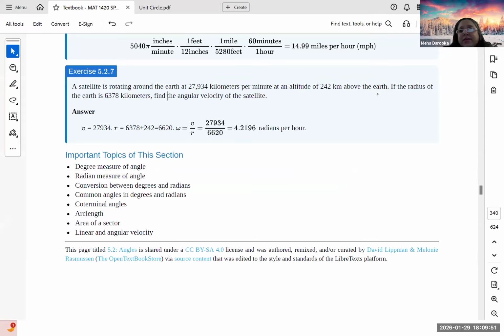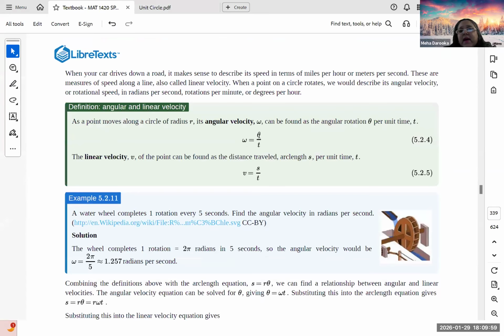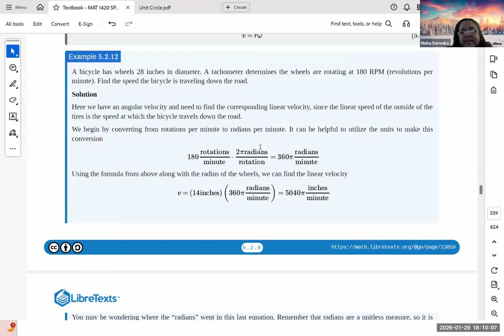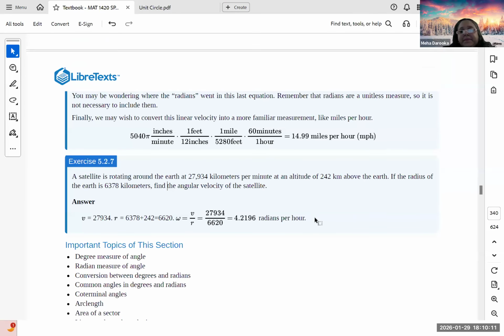So 4.2196. And you should notice that the final result is in radians per hour, because remember, angular velocity is theta divided by time. So your theta is in radians, and time, of course, in this instance was based on hours.